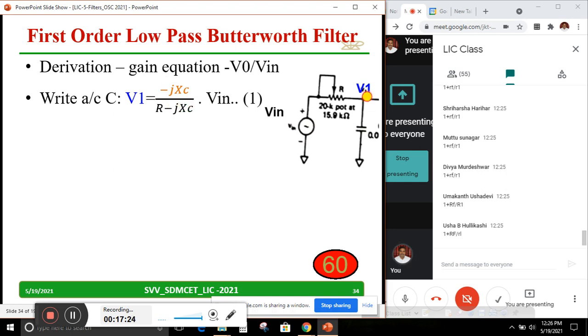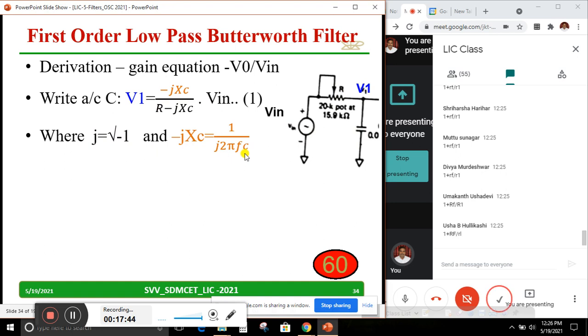V1 I want to write. So I have jXC as impedance. Here the total becomes R minus jXC. Input is V. That is the equation I have written. All of us have already studied that j is the square root of minus 1, and minus jXC is nothing but 1 by 2 pi FC.